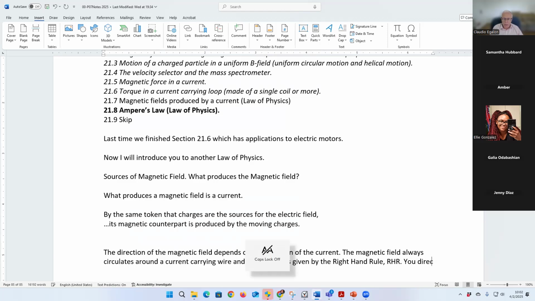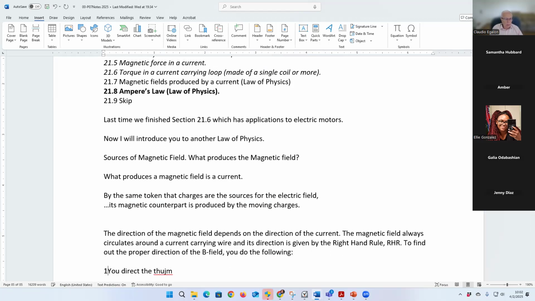To find out the proper direction of the B field, you do the following. One, you point the thumb of your right hand in the direction of the current.